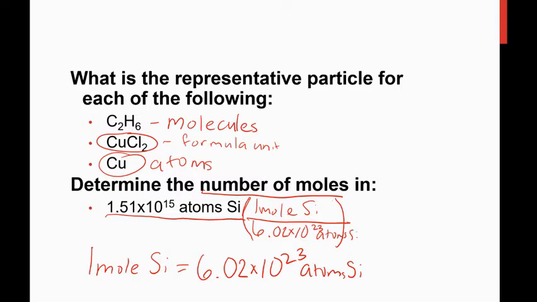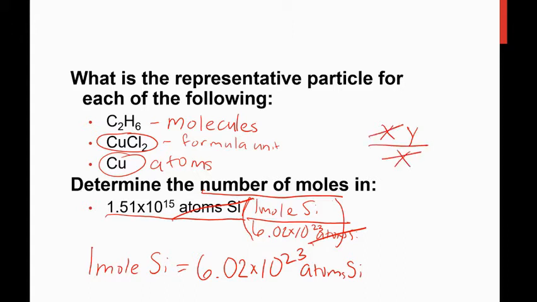So what's on top is equal to what's on bottom. When the numerator and denominator are equal to each other, they cancel to equal 1. So we're not changing the quantity that's there, we're just changing the units. So atoms cancel. That would be like x divided by x. So this is kind of like x times y divided by x.